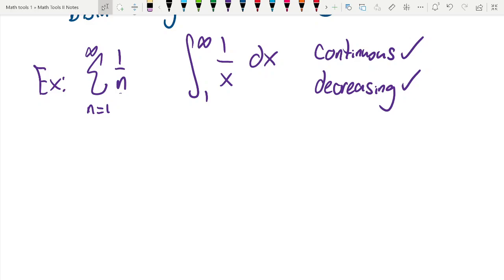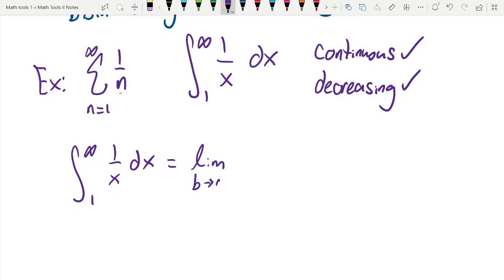So let's just do it first, and then I'll show kind of why this is true, geometrically speaking. Okay, so we'll look at the integral from 1 to infinity of 1 over x dx. So if you remember, this is going to be the limit as b goes to infinity of the integral from 1 to b of 1 over x dx.